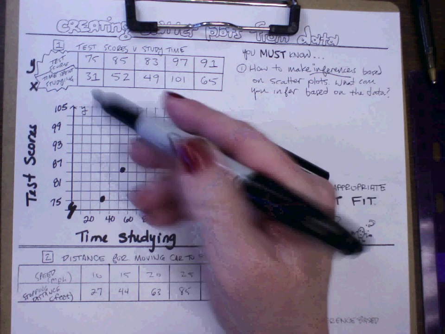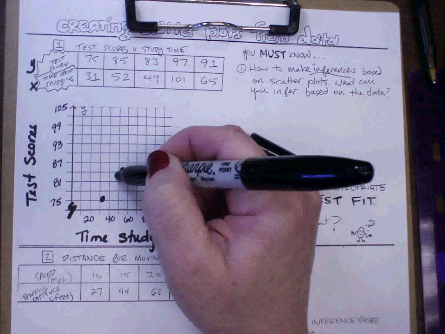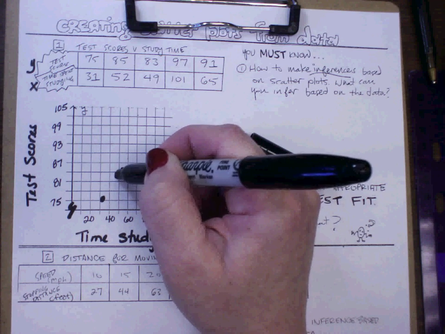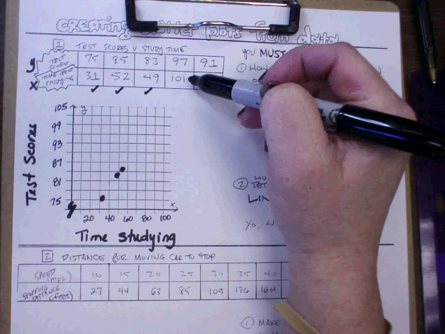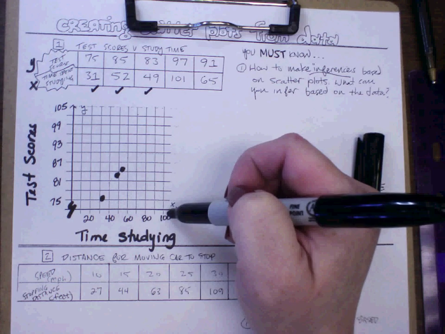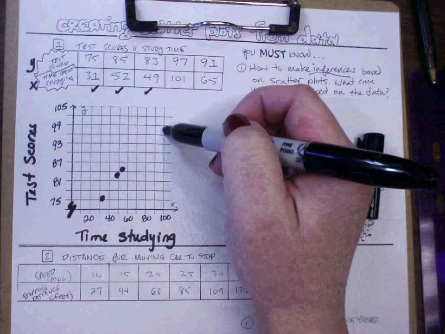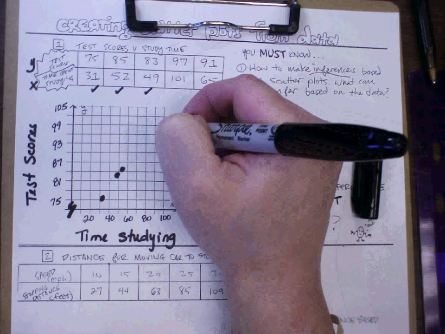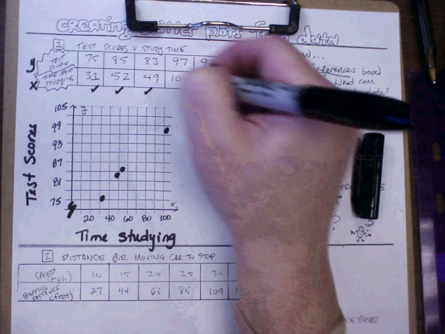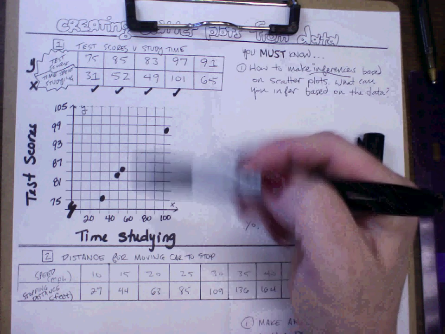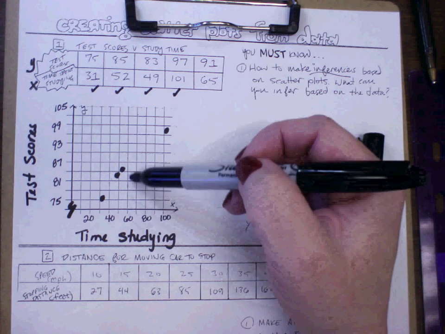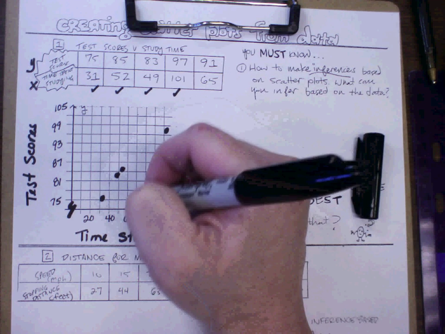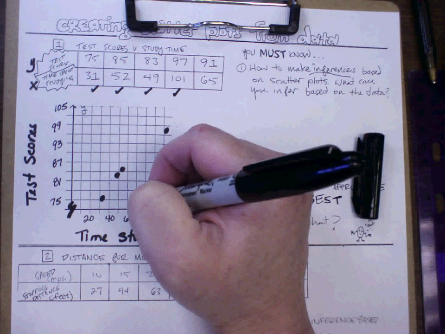So 49 would be somewhere over here, and then 83 there. I've done those three. When x equals 101, y equals 97. And when x equals 65, y equals 91.